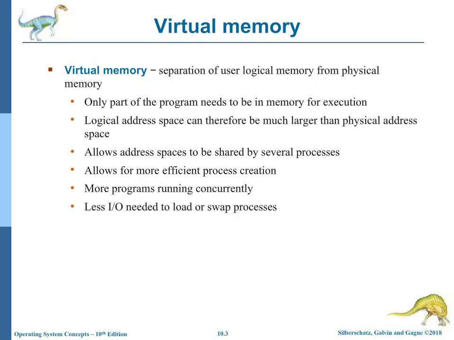Because each process is only using a fraction of its total address space, there is more memory left for other programs, improving CPU utilization and system throughput. And less I/O is needed for swapping processes in and out of RAM, speeding things up.